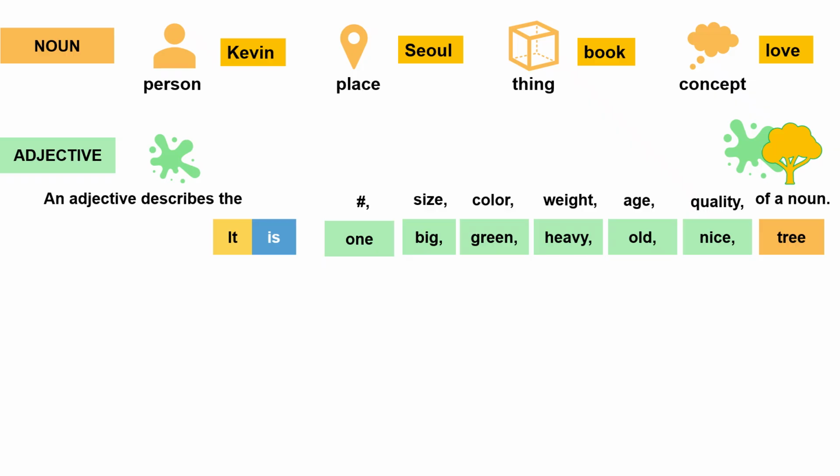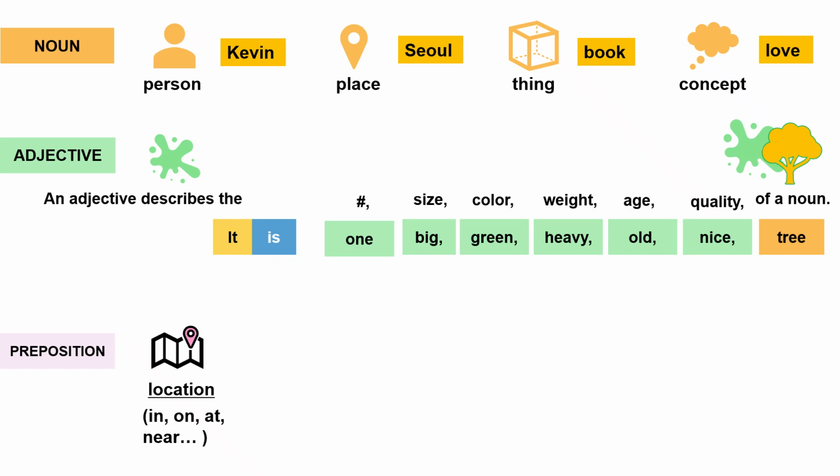In Global English 1, we also need to know about prepositions. In English, there are many kinds of prepositions. We will focus on location prepositions, like in, on, at, near, and time prepositions, at, on, in, before.